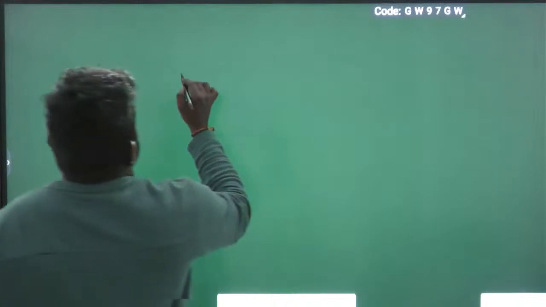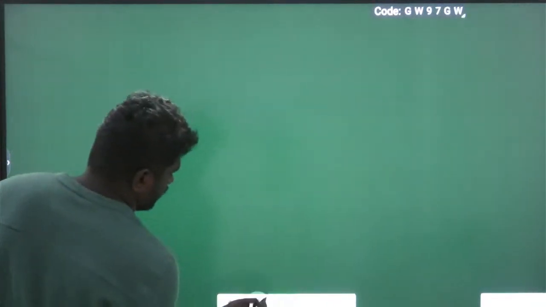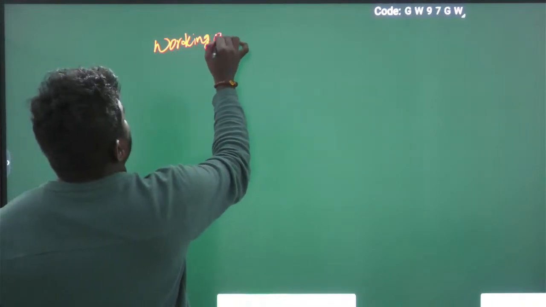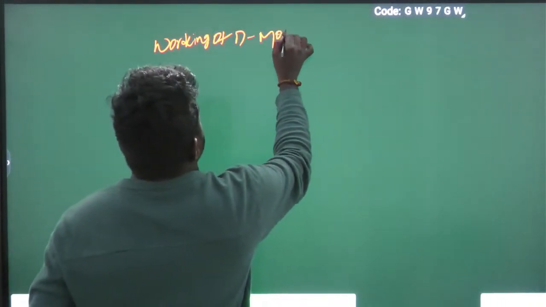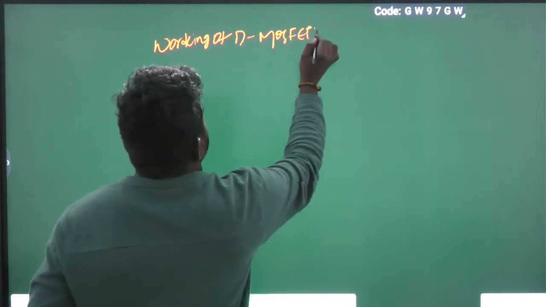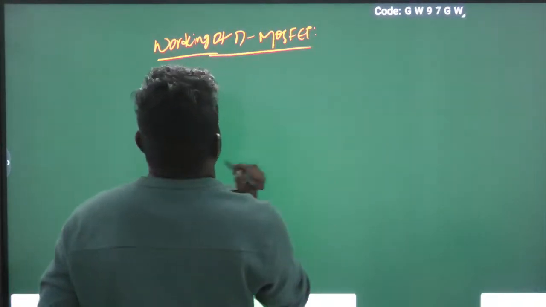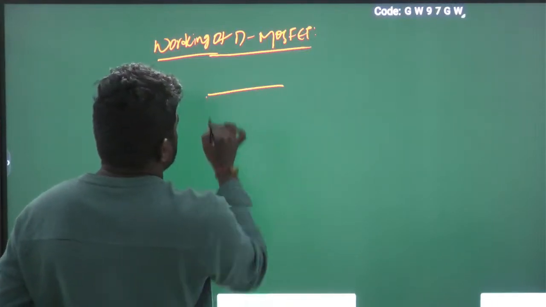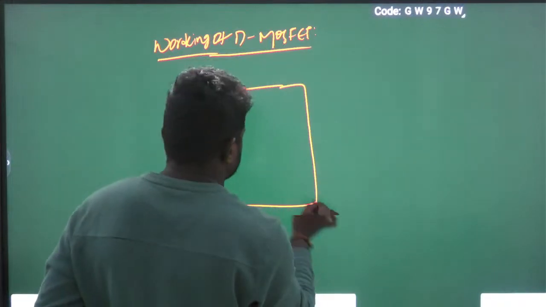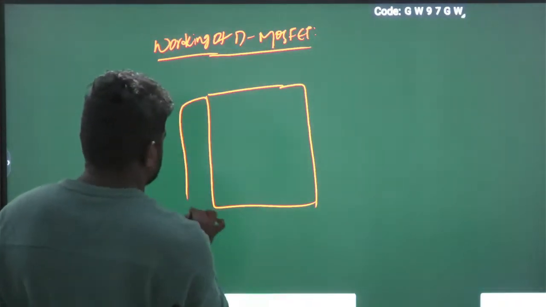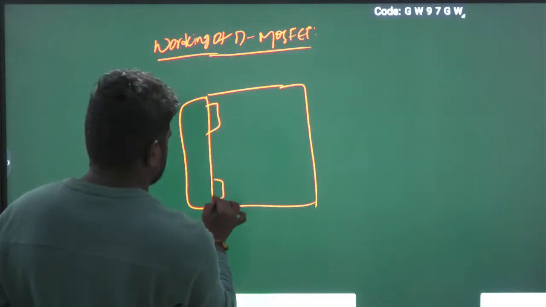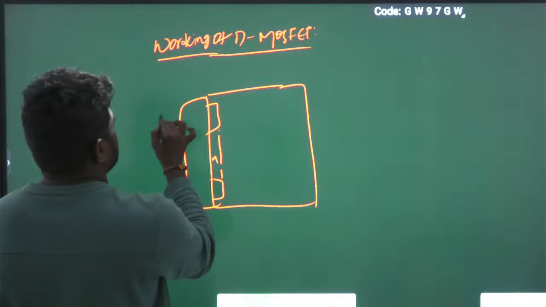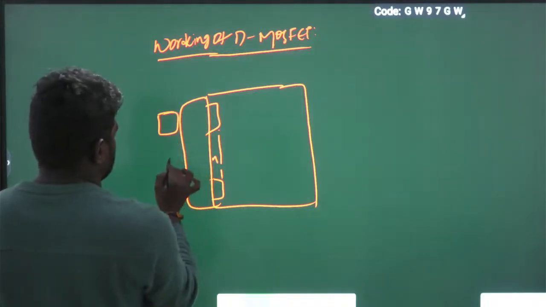Now see, working of D-MOSFET. This is the N channel.